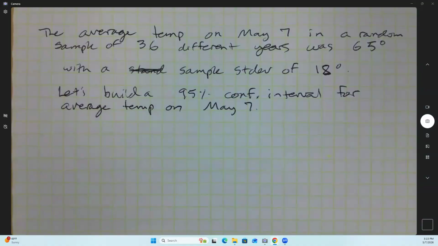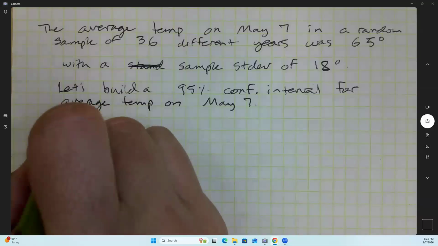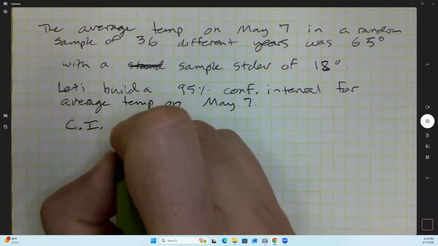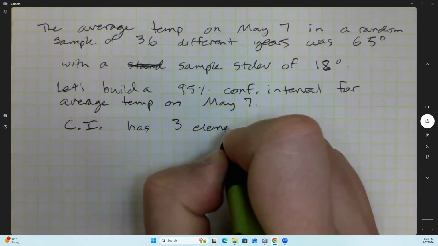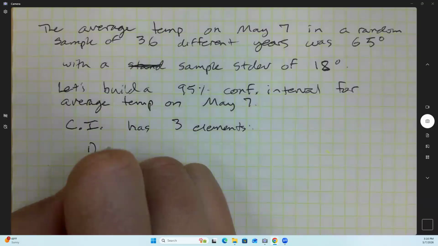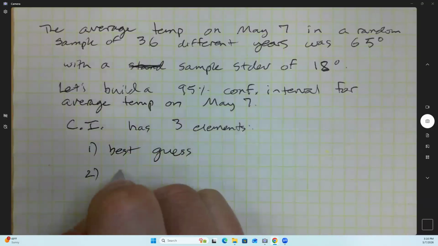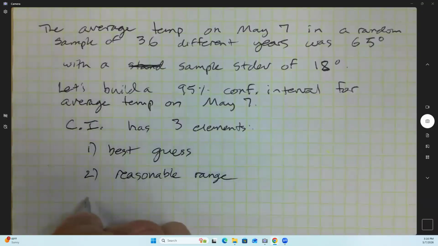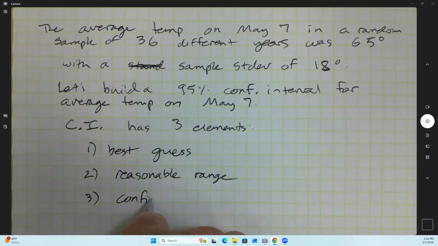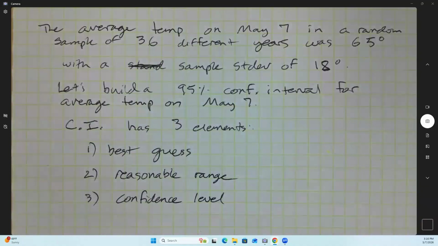I wanted to walk through the thought process, but now I'm going to get a little more formal. A confidence interval, abbreviated CI, the way I teach it, has three elements or three pieces. It has a best guess, it has a reasonable range, and it has the confidence level itself.